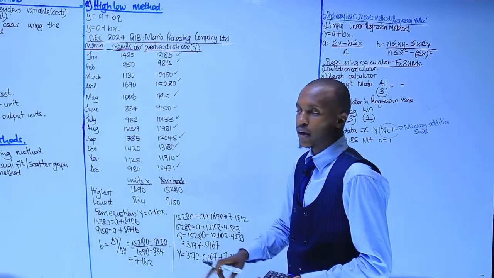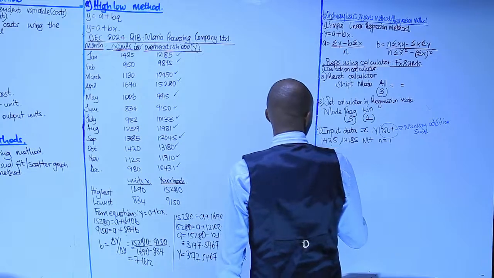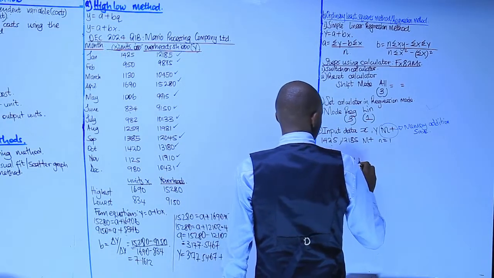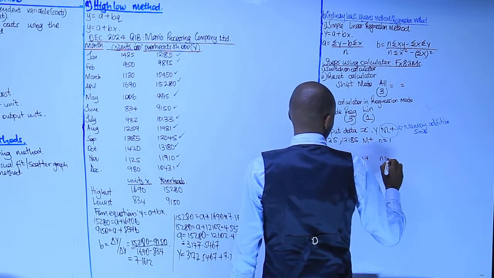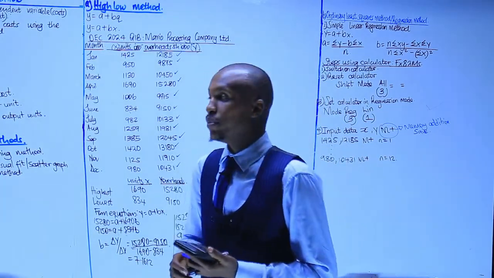Now, after the last observation of 980, 10431 and pressing M plus, n will be equal to 12.